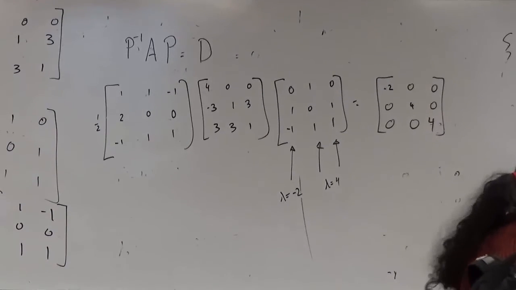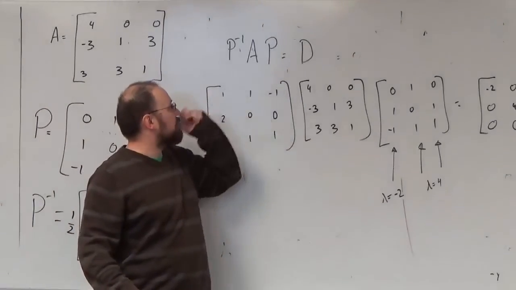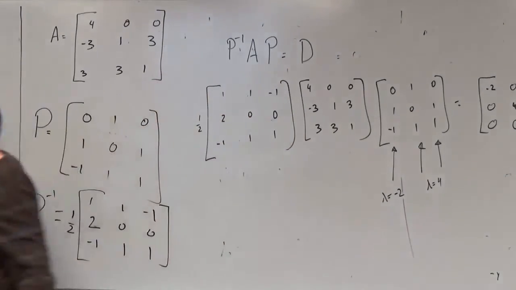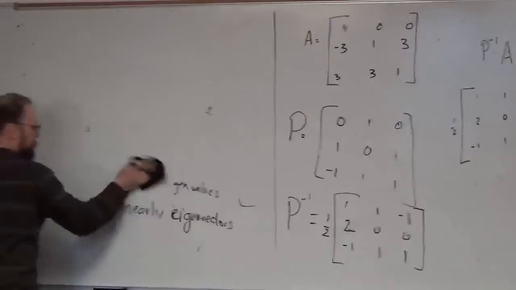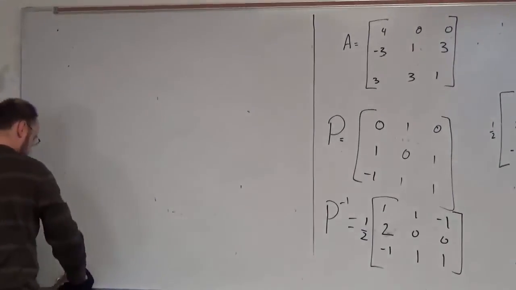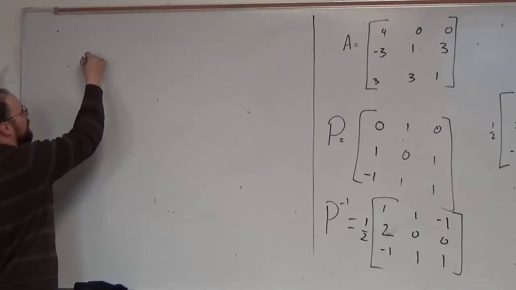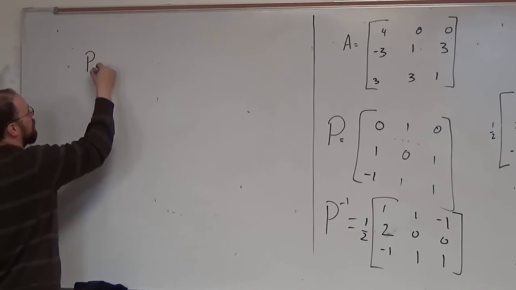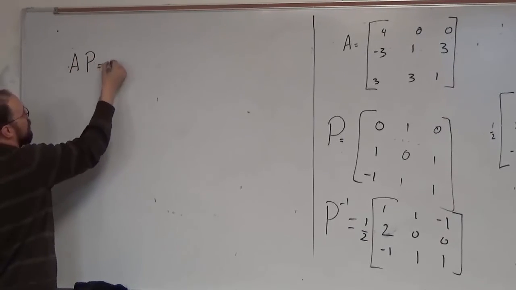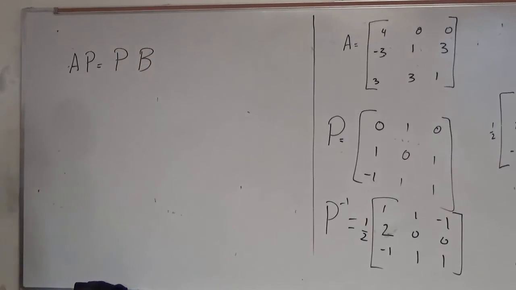All right, so let's look at this relationship, if two matrices are related in this way. There's a more general thing here: if we can transform one matrix, so we have AP equals PB, where P is invertible.